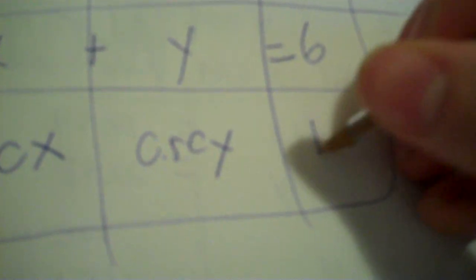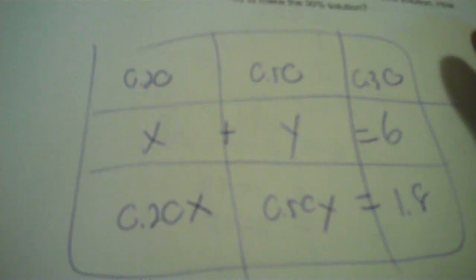Now you complete your multiplications. That's going to be 0.20x, 0.50y, 0.30 times 6 is going to be 1.8, and that's your bottom, okay? And there's your second equation, okay? So now you're good to go.